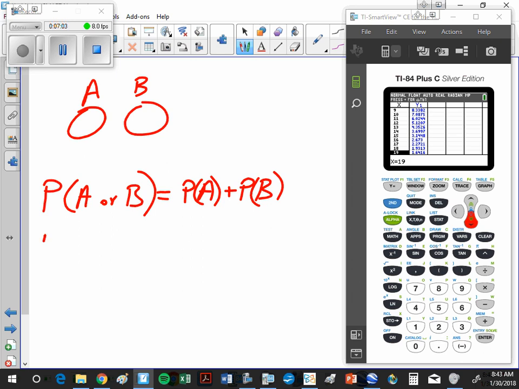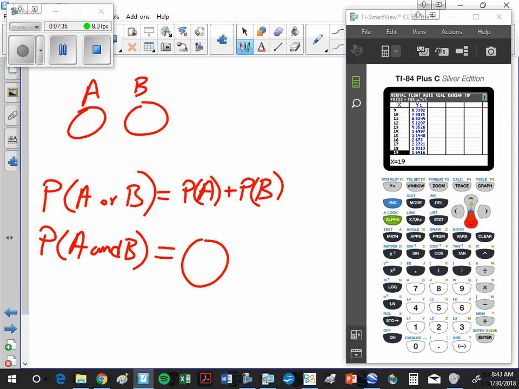Okay. I don't think it asks, but what is the probability of A and B? 0. And this is a really important idea. If A and B don't share anything, then the probability of A or B is simply the probability of A plus the probability of B. Okay? And if A and B are mutually exclusive, then the probability of A and B will always be 0.